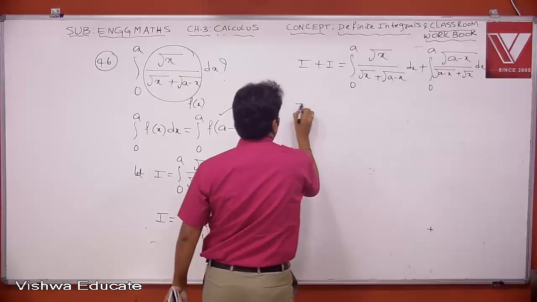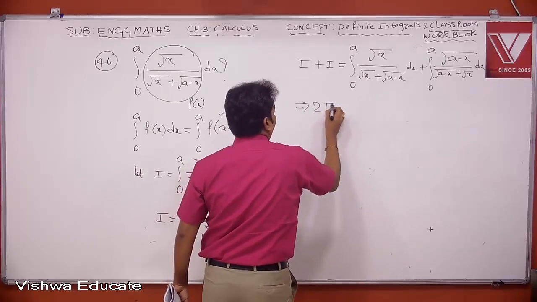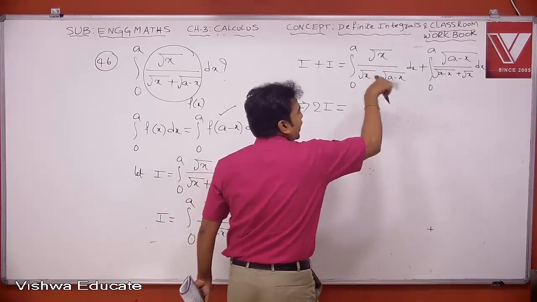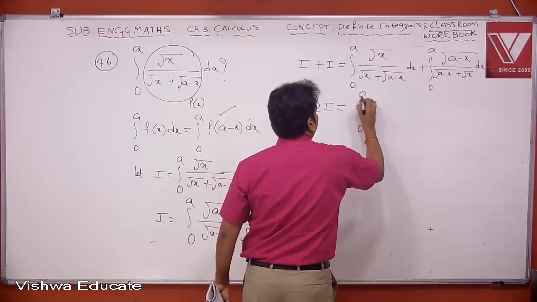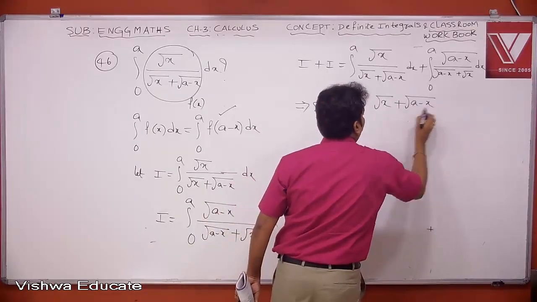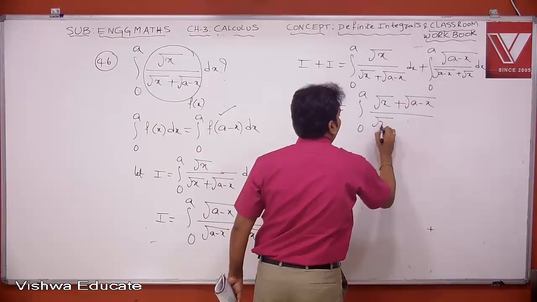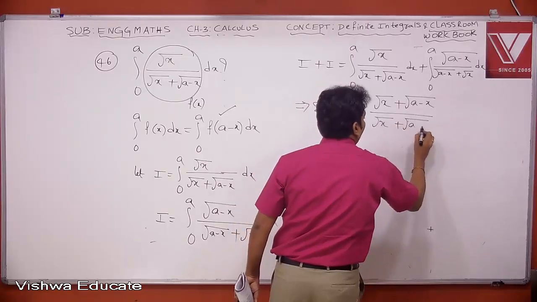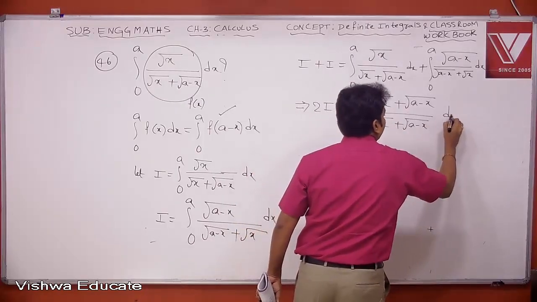Now I plus I equals 2I. Therefore 2I equals, adding numerators directly, the integral from 0 to a of (square root of x plus square root of a minus x) by (square root of x plus square root of a minus x) dx.